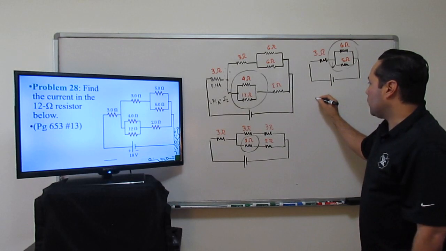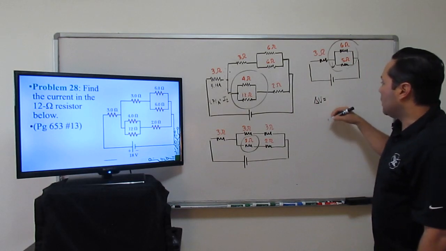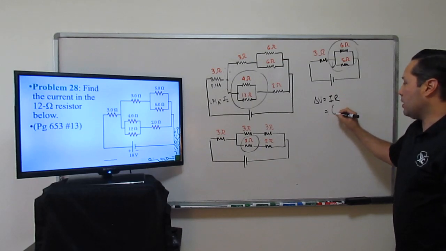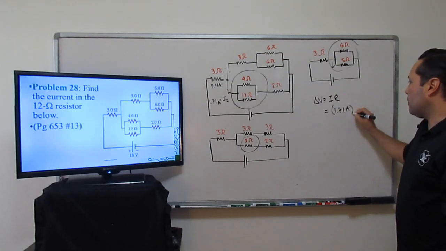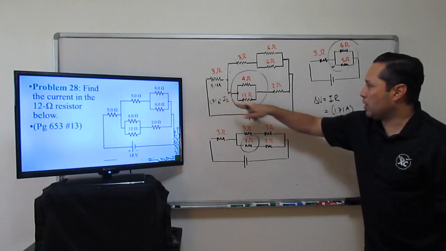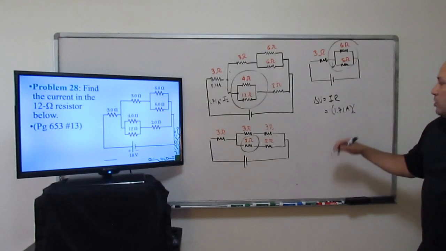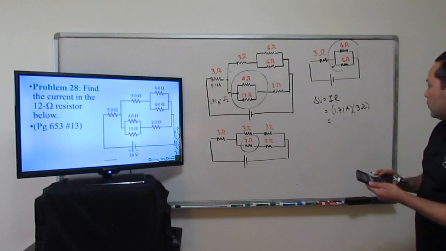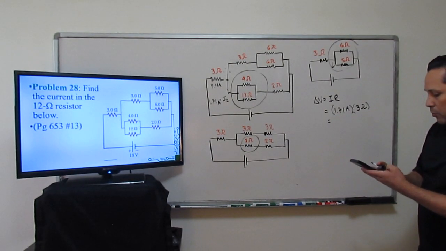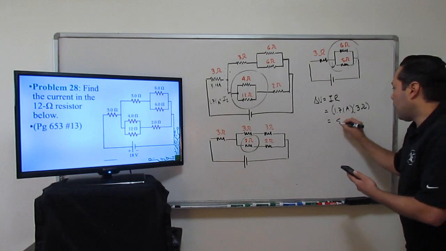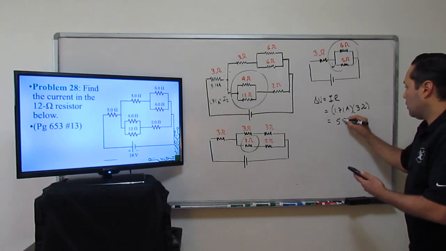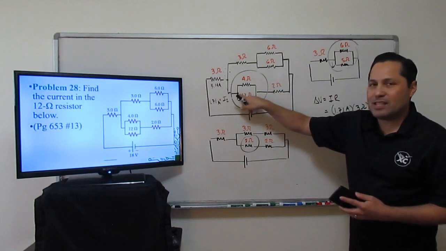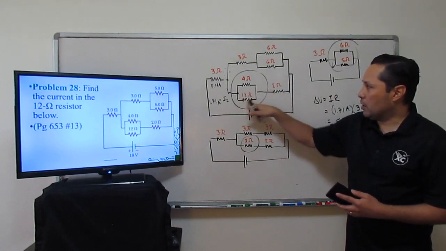The potential difference is I multiplied times R. The I is 1.71 amps, the current at this part, and the equivalent resistance was 3 ohms. So 3 times 1.71 gives us 5.13 volts. That's the potential difference at this point in our circuit.